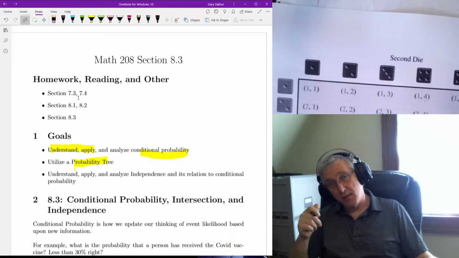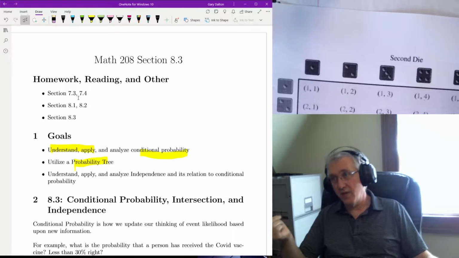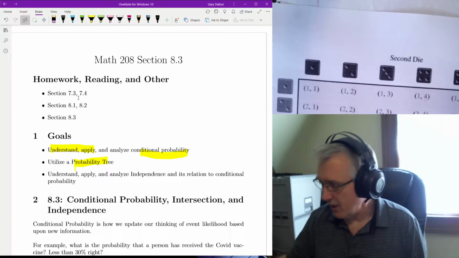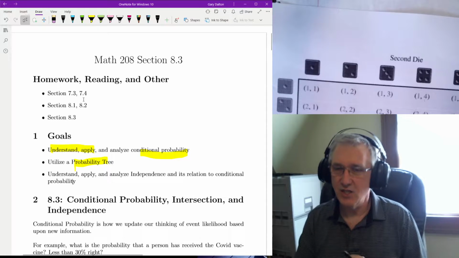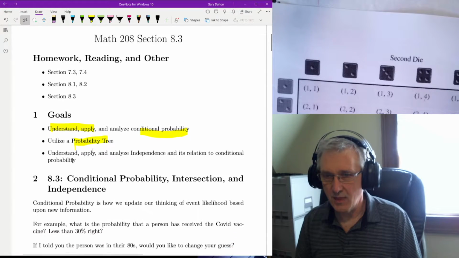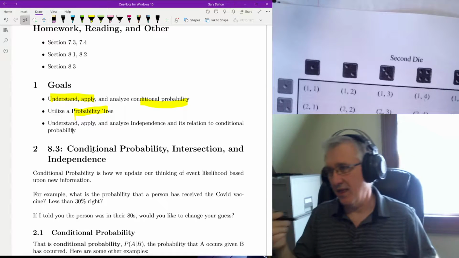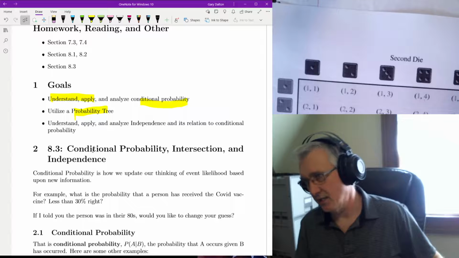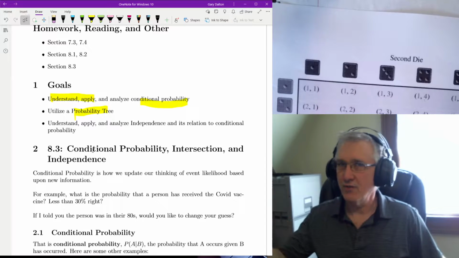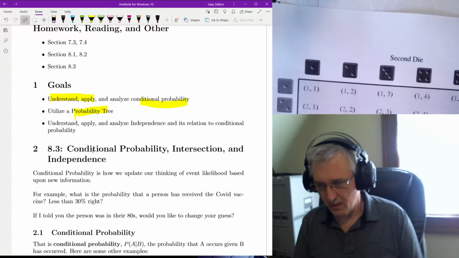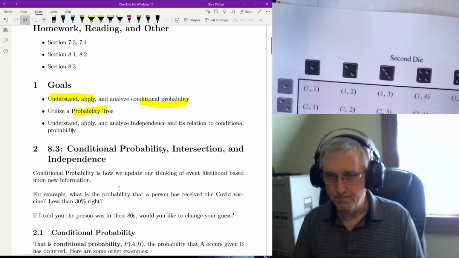But if I told you that person was over the age of 80, you would go, wait a minute, that's not the right answer. It's much higher than that. Well, that's conditional probability. So, the probability given that the person is in their 80s is much different than the probability of the general population. So that's conditional probability, and that's what we're going to look at a little bit more today.